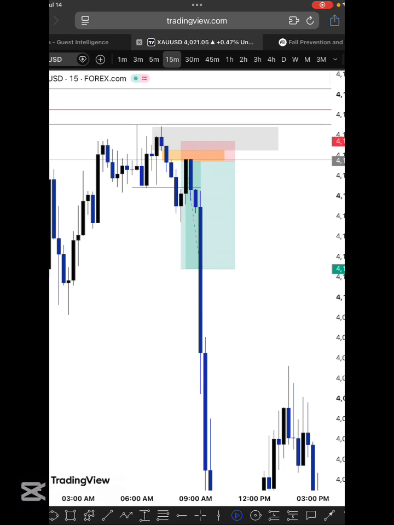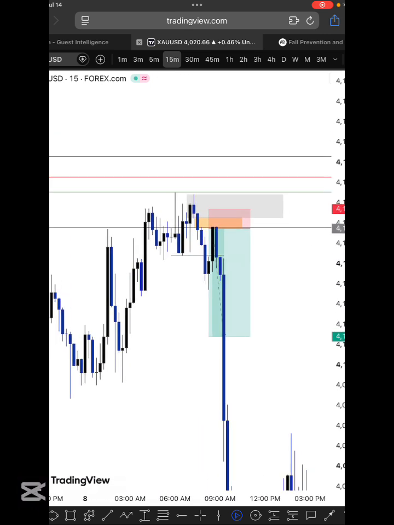Apart from that, there could also be other confluences that caused that order block to hold irrespective. But believe you me, if you backtest properly, you will discover that for all order blocks to really hold well, they need engineered liquidity, and the engineered liquidity is caused by this fair value gap.